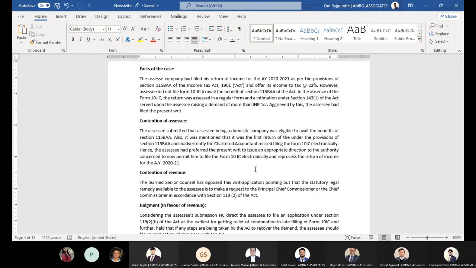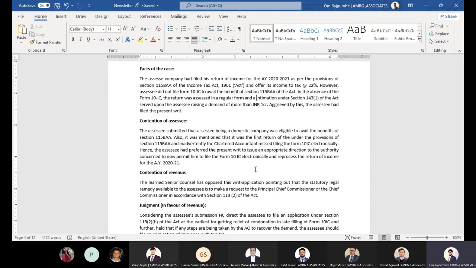Just because of the mistake of the chartered accountant, the SSC should not be penalized, and the income tax portal should allow filing of Form 10-IC electronically and reprocess the return of income. On the contrary, the learned counsel of the department said that filing of 10-IC is a pre-mandate to get the benefit of section 115BAA, and it is as per legal provision.